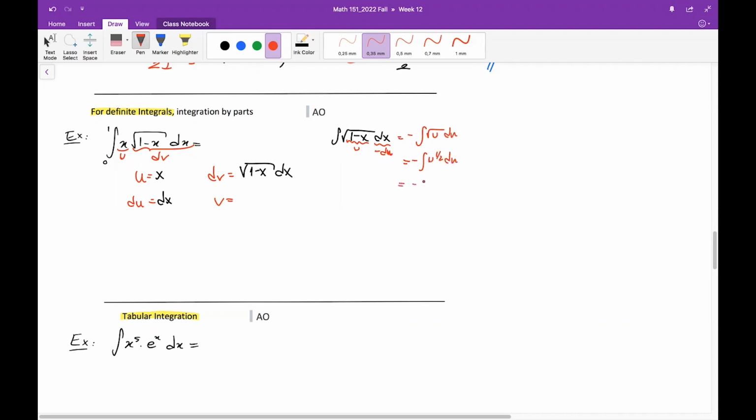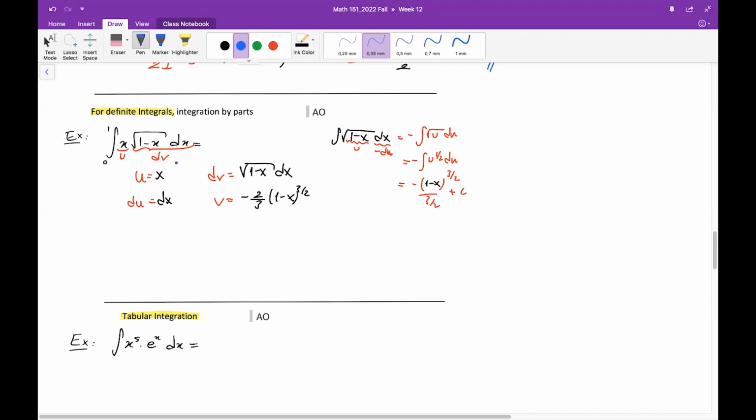So it is just a power function. So you will add 1 to the power, divide by the same power, where u is 1 minus x. Okay, so the result here, v, is the integral of this square root expression, which is this one. So it is minus 2 over 3 times (1 minus x) to the power 3/2.